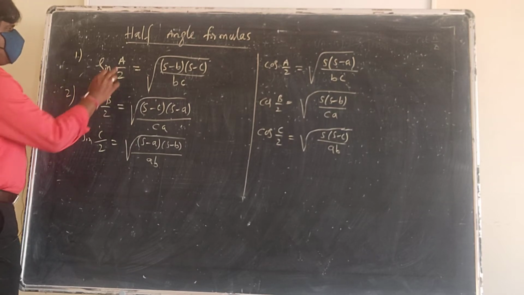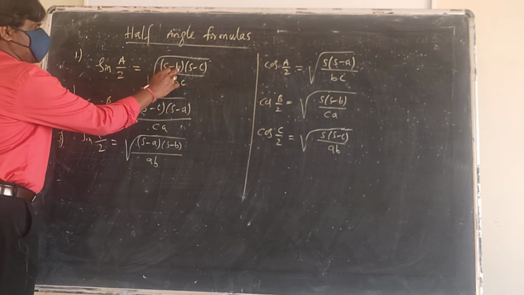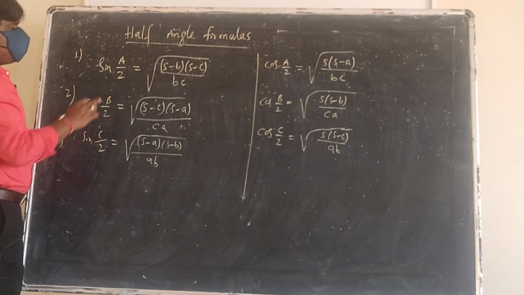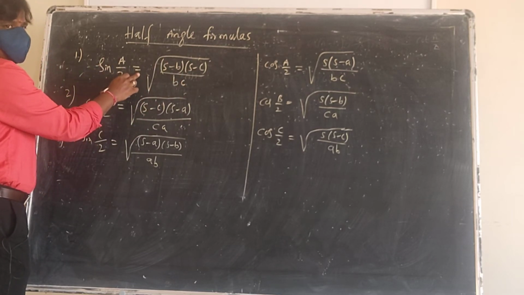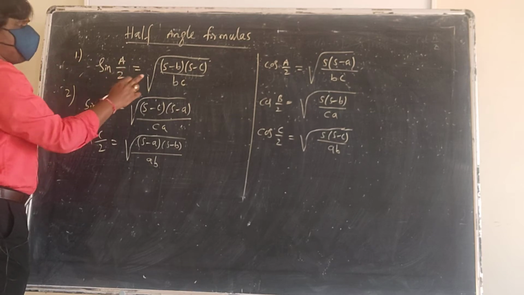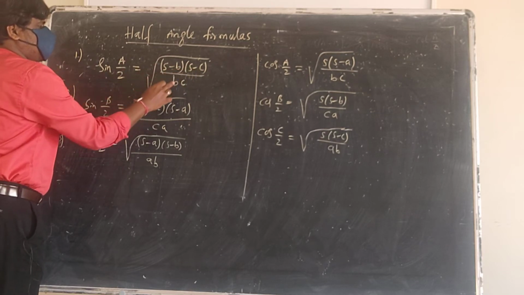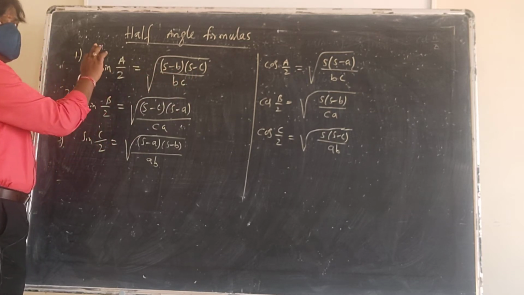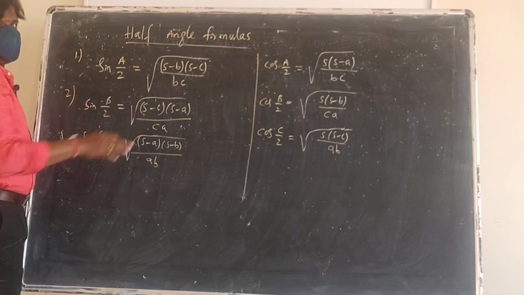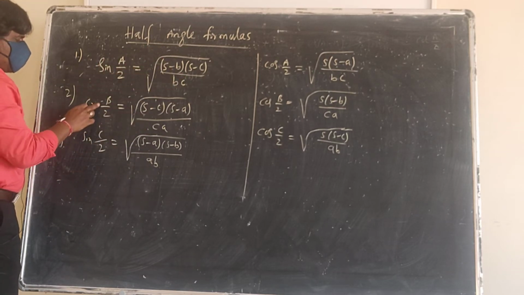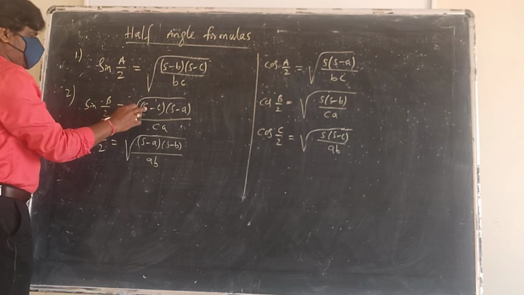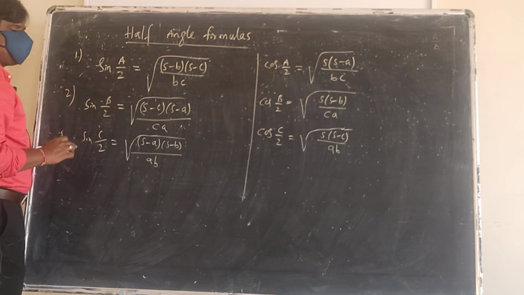How to remember? If you have A here, you get BC. Sin A by 2 is equal to square root of (s minus b) into (s minus c) by bc, meaning except A, you have the other terms, bc. Sin B by 2 is there, so square root of (s minus c) into (s minus a) by ca.